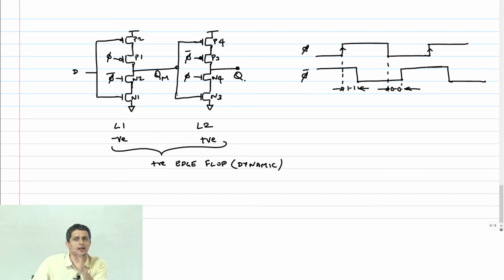Both phi and phi bar are 0. All the NMOS, so N2 and N4 are going to be off. These transistors are basically off.